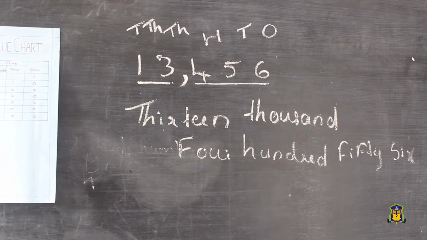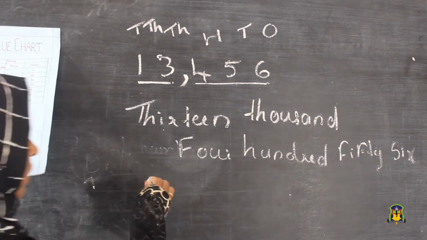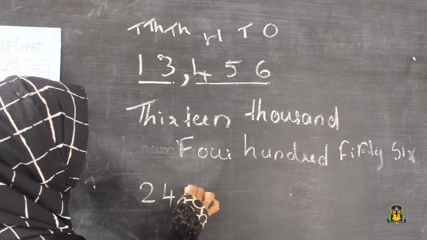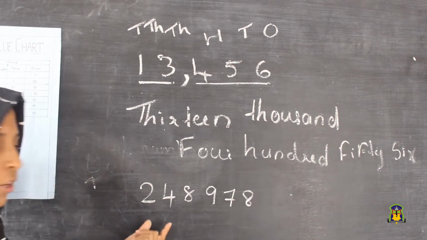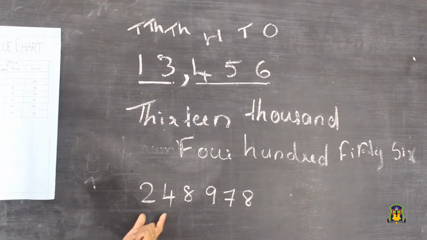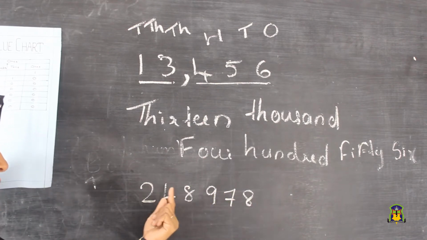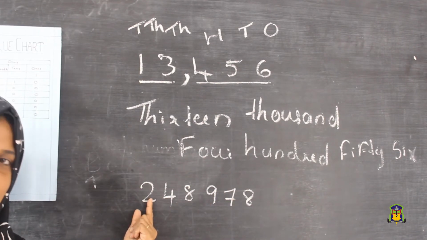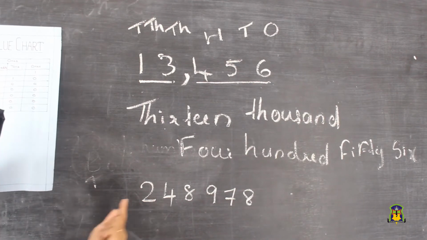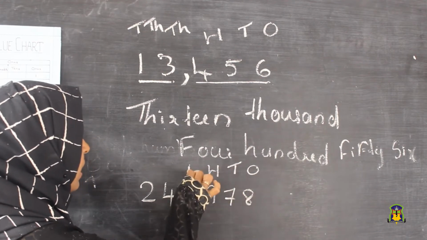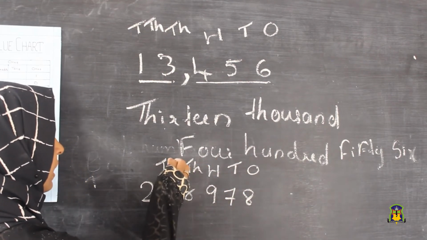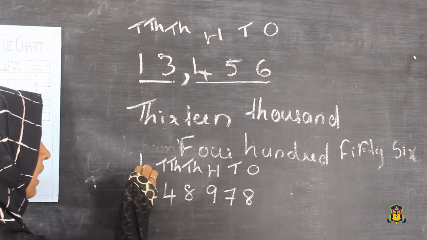Next, let's do one more example. Look here children, this is a 6-digit number. Which are the places? Ones, tens, hundred, thousand, 10,000 and lakh.